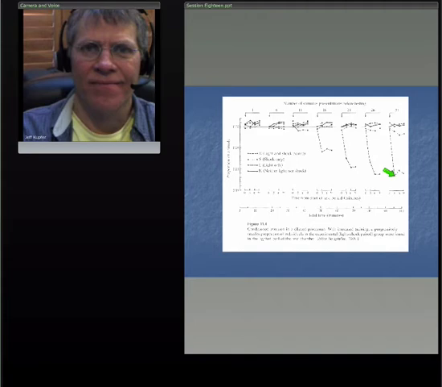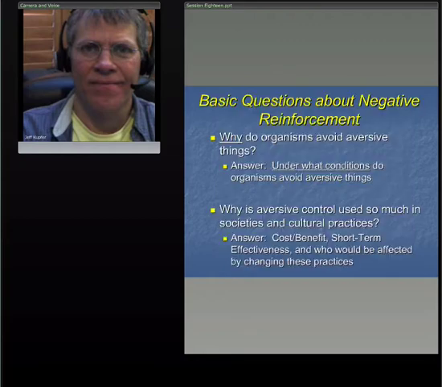In other words, once you pair light and shock, these protozoan learn very quickly to escape the light and move to darker areas of the chamber, showing you that you could actually get an escape and avoidance kind of response in a very small organism such as the protozoan.